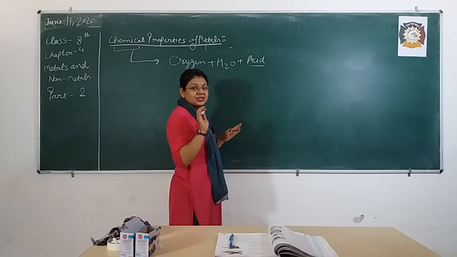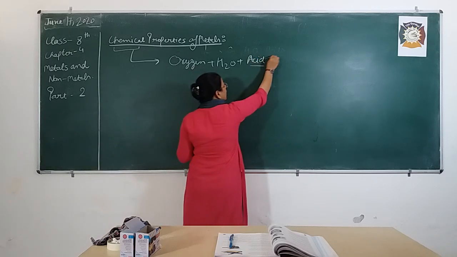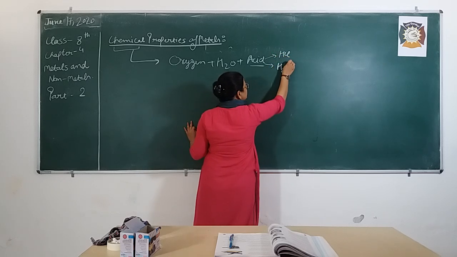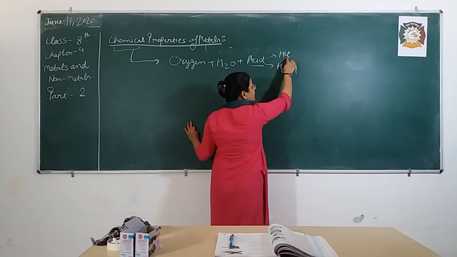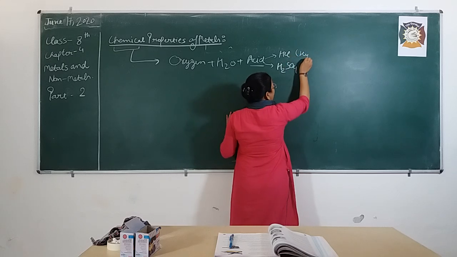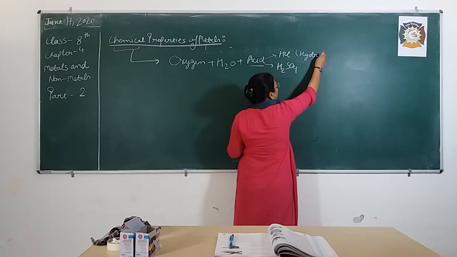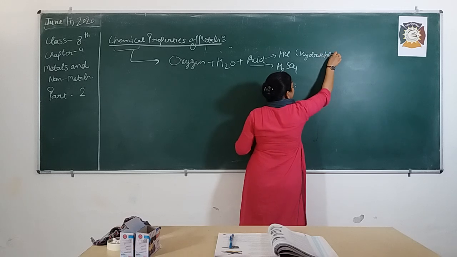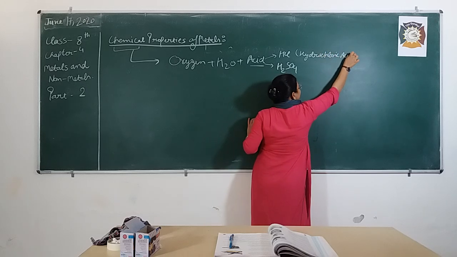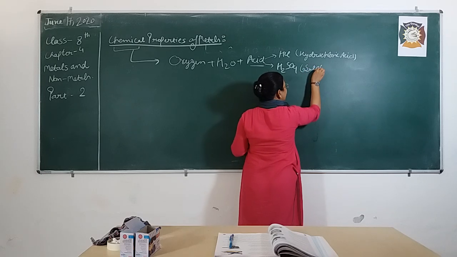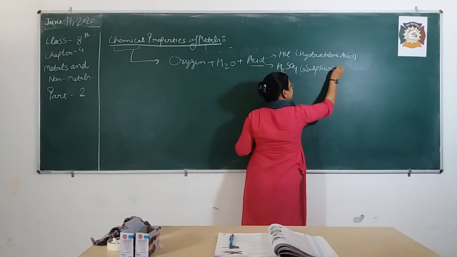So in 8th standard we discuss the reaction of metals only with two acids. First one is HCl, that means, what is HCl? Hydrochloric acid. And H2SO4 is sulfuric acid. Okay bache?